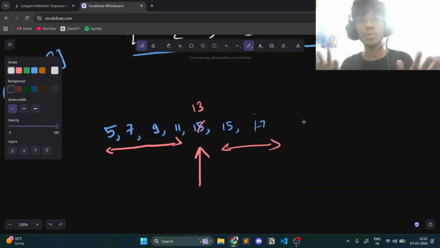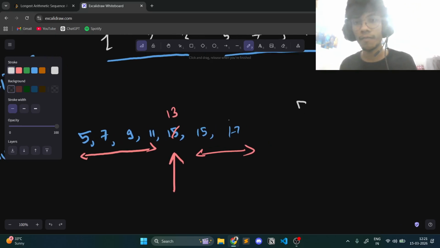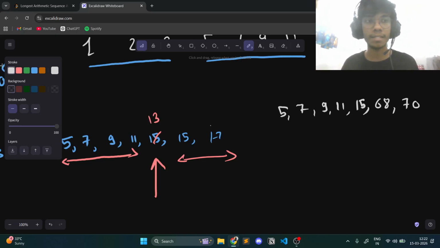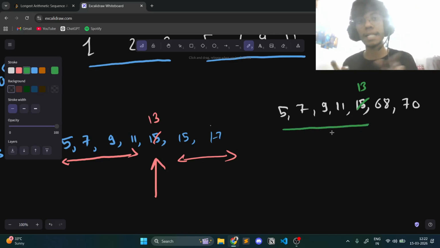If I choose to extend the left subarray, let's say I had 5, 7, 9, 11 and maybe 68 or 70, something like this, and I had a number like 15 over here. What is the best choice for me to maximize the valid subarray's length? I can choose this 15 and replace it by 13, because if we do that, we can take this subarray, and that is the maximum possible.